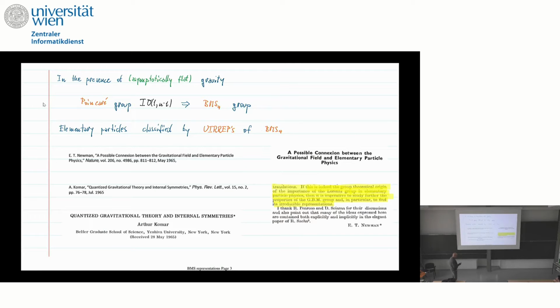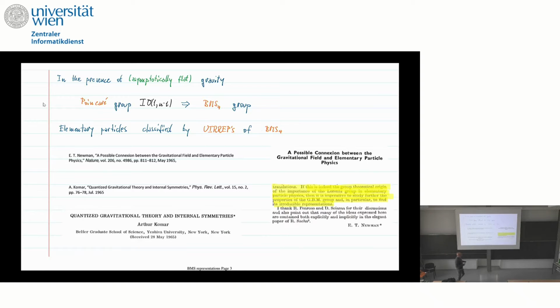So in the mid-60s, people realized that it was maybe unavoidable that if you are in the presence of, let's say, asymptotically flat gravity, then in a very well-defined sense, the Poincaré group becomes replaced by the BMS4 group.